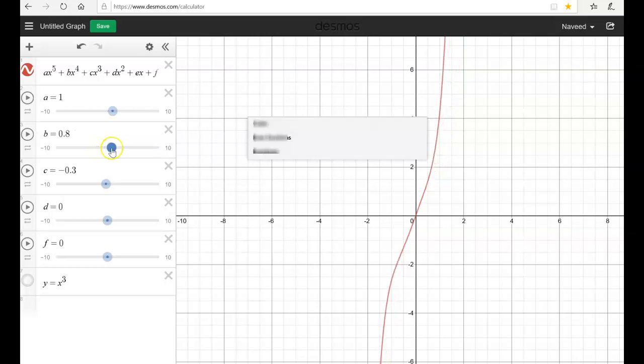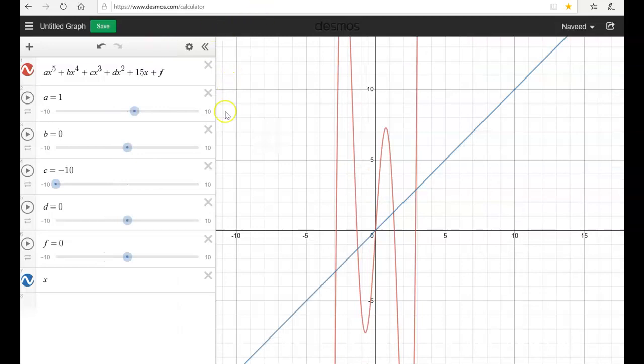And then notice what happens as I am moving B or C in a different direction. You can go ahead and play with all of these, and as you're playing with these, you can move the graph up and down, and you can see the possible number of zeros, but always the graph is going to cross the x-axis.